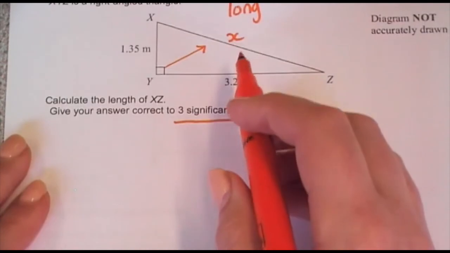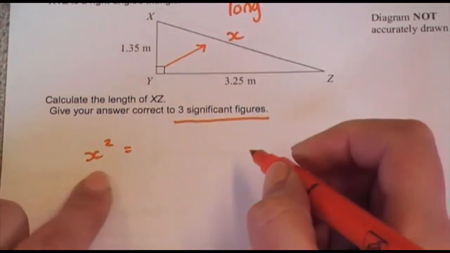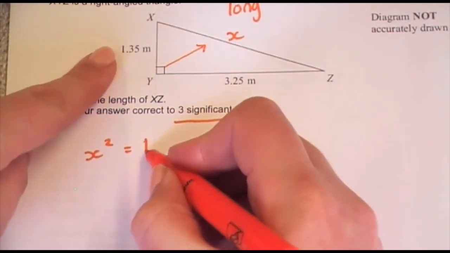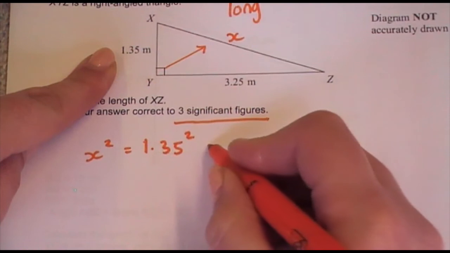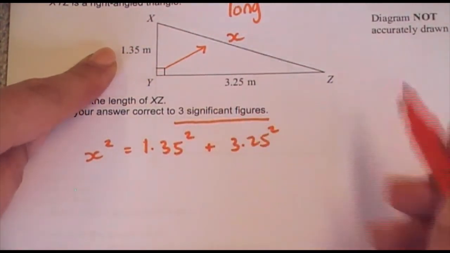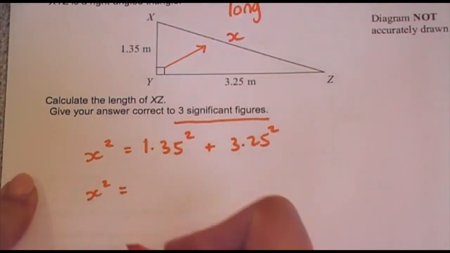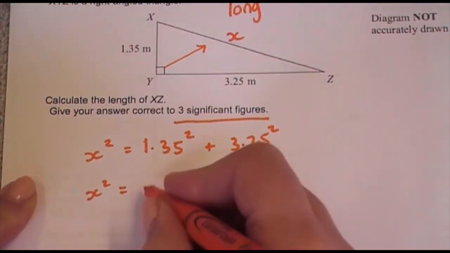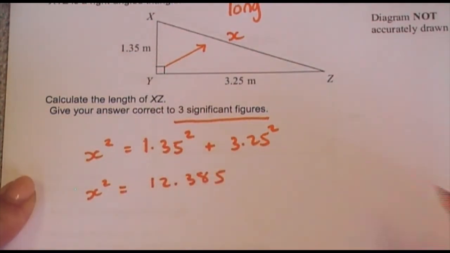So I know this is the longest side, and therefore Pythagoras says that x squared is going to be equal to this side, and it doesn't matter which order they're in, plus 3.25 squared. So the sum of those two sides squared. That then tells me that x squared is equal to 12.385.